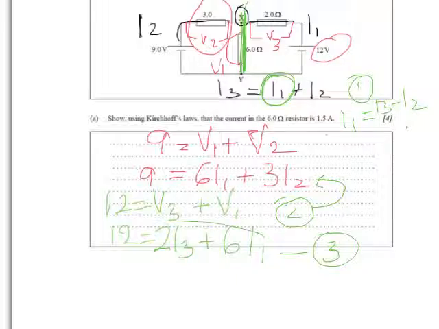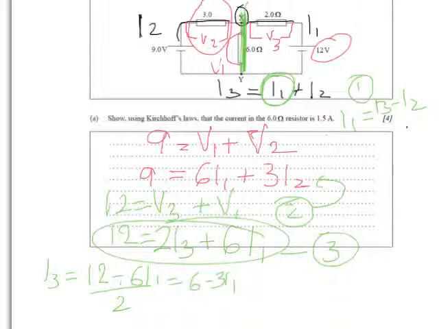Well, if we use this one to find a value for I3, using this equation, 12 equals 2I3 plus 6I1, if we make I3 the subject of the equation, then I3 will equal 12 minus 6I1 over 2, which simplifies to 6 minus 3I1.